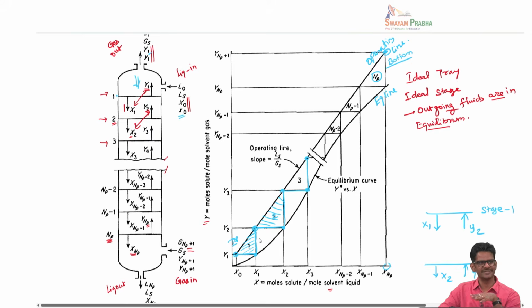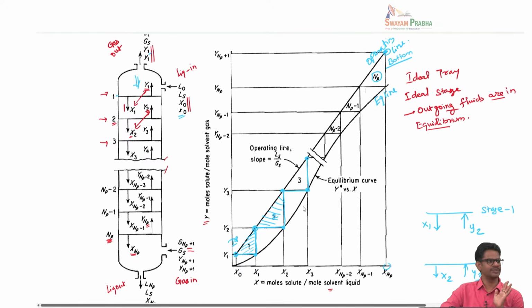The graphical method is slightly different, but here the advantage is that it allows us to do this nice construction of a staircase, because we can assume an ideal stage at each stage. So for a given problem, we will calculate the number of ideal stages. There is a second aspect, which is related to the efficiency of each tray.